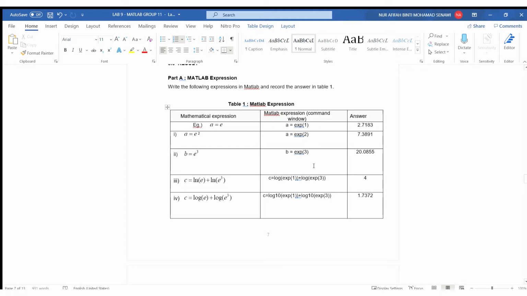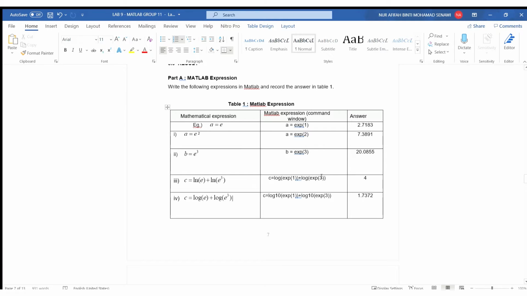For number 3, C equals ln e plus ln e power of 3. In MATLAB, C equals log times exp, power changed into the brackets, plus log exp, power changed into the brackets.